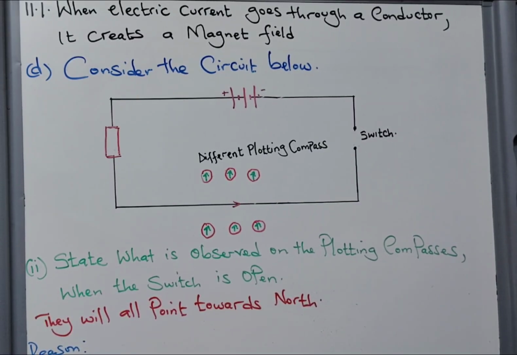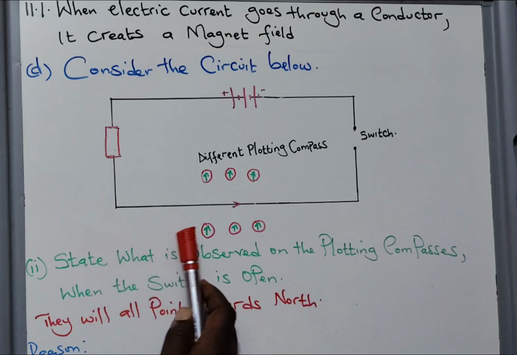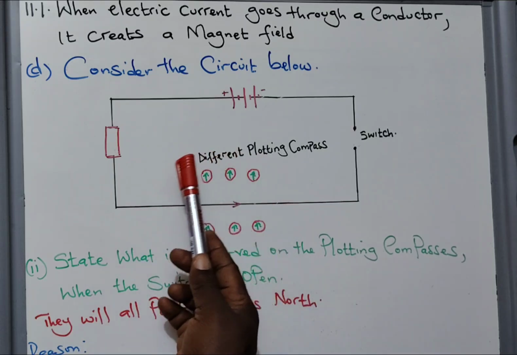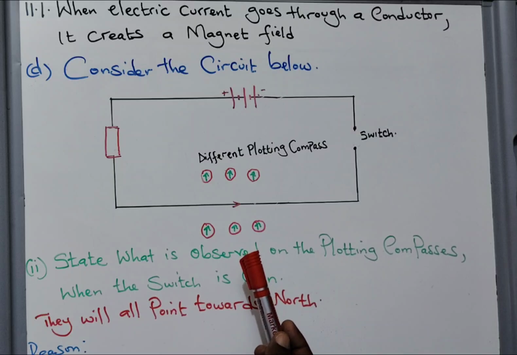What is the reason for this? The reason is that when the switch is off or open, there is no current flowing. So there will be no creation of magnetic field due to flowing current, which means that the only magnetic field present is the Earth's magnetic field, which makes all the plotting compasses point towards north.